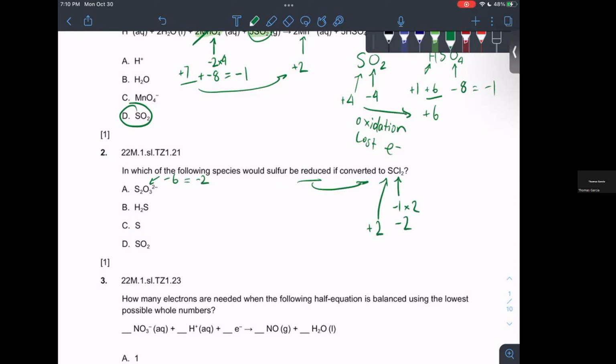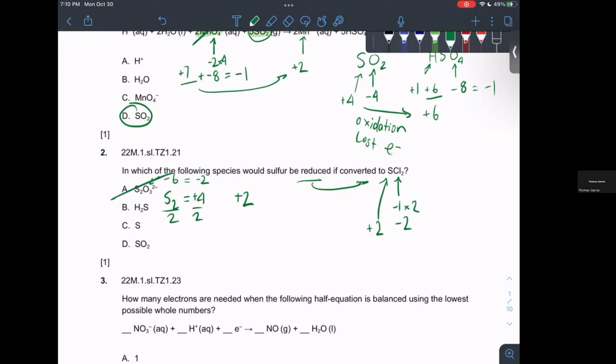So we go from -6 to -2. That means the S2 contributes a total of 4 plus, because if we do 4 plus -6, we get -2. The only problem here is while 4 plus does reduce to 2 plus, we have 2 sulfurs. So we have to divide this by 2, and each sulfur is a +2.